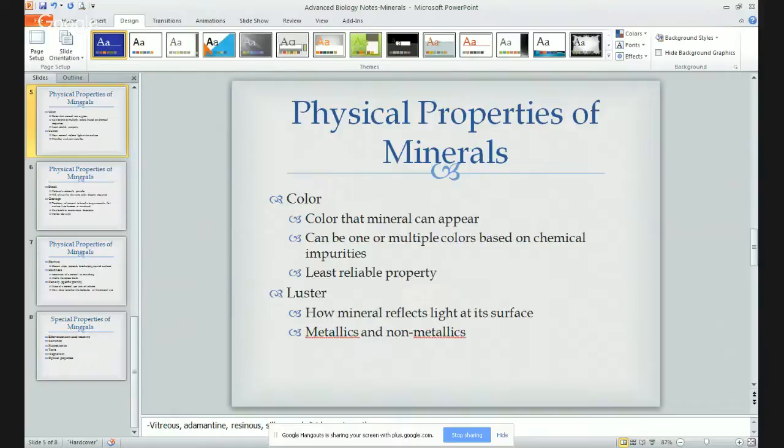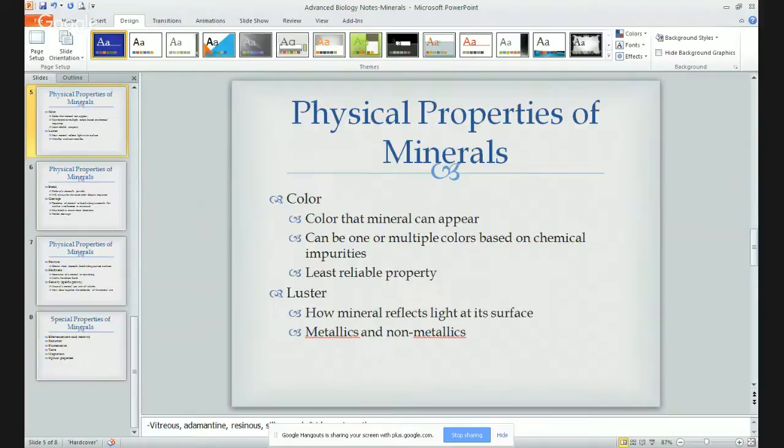The first way that you can identify minerals, or one of the physical properties of minerals, is color, which is fairly self-explanatory. It's just what color the mineral appears to be. Your mineral can be different colors or it can be the same. Sometimes they appear one color, sometimes different colors, and that can be due to a multitude of things.